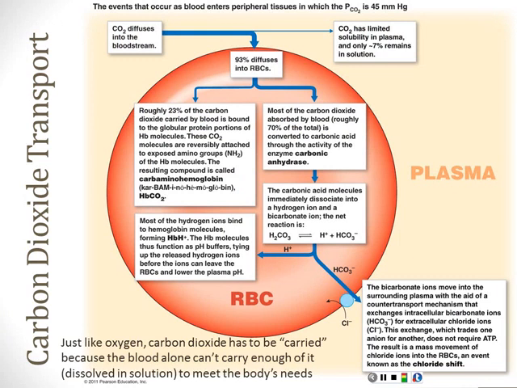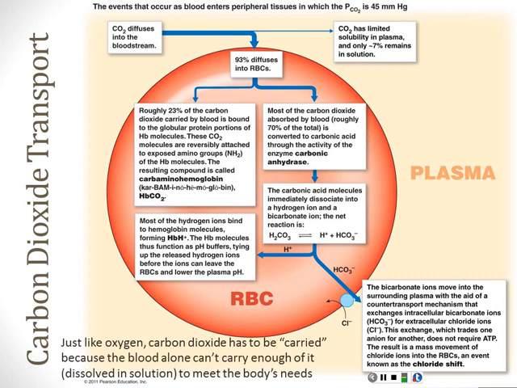It moves into the capillaries of the venous blood by diffusion, but then it has to get back to the lungs. Just like with oxygen, the water of the blood can't carry all of the CO2 that's manufactured by the body. So we have to have some other systems.